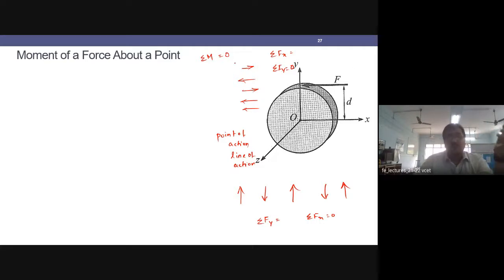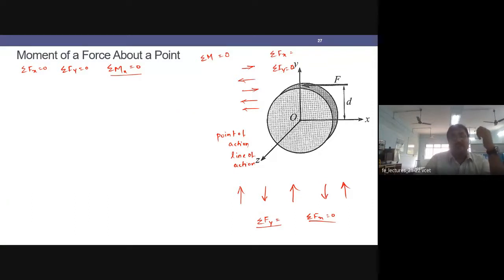I'm adding one more equation. So for a parallel force system, I'll be considering sigma Fx equal to 0, sigma Fy equal to 0, and sigma M equal to 0. If sigma Fx becomes equal to 0, then I have sigma Fy and sigma M. I still have two equations to solve.